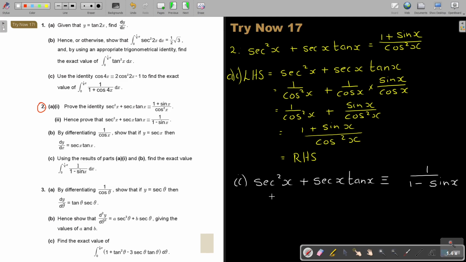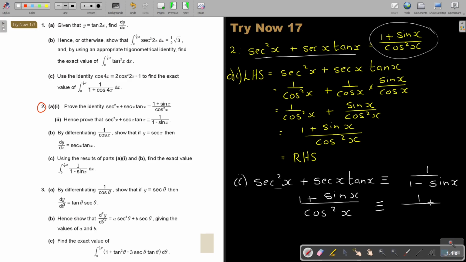Now don't forget, I already have that this is equal to this. So I basically just substitute it here. So I say 1 plus sin x over cos squared x.